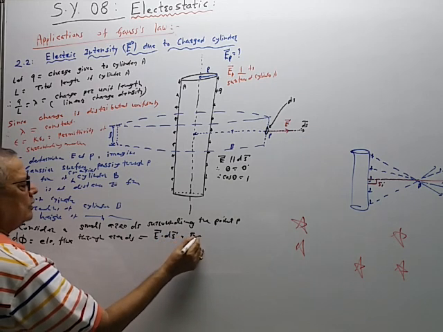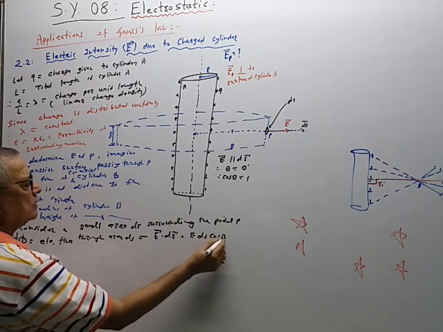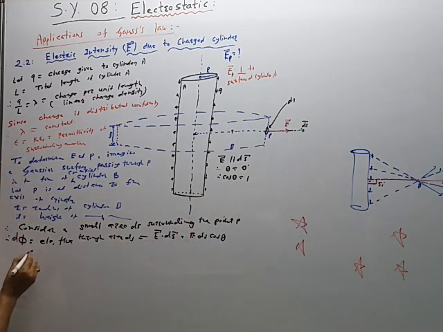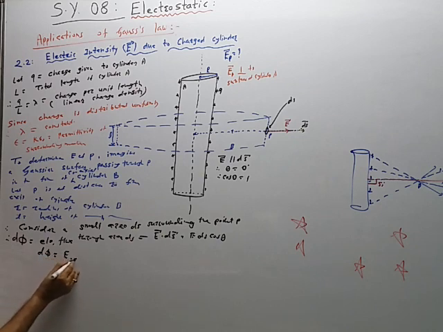So this is equal to E into ds into cos of theta, but cos of theta is equal to 1. Therefore, d phi is equal to E into ds.